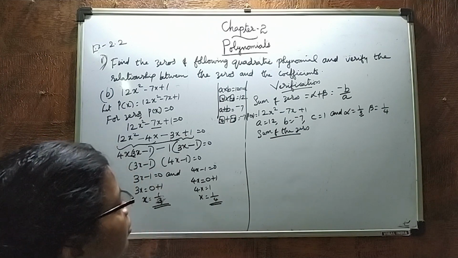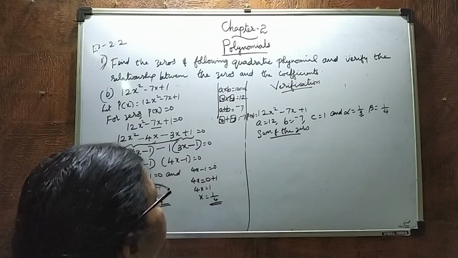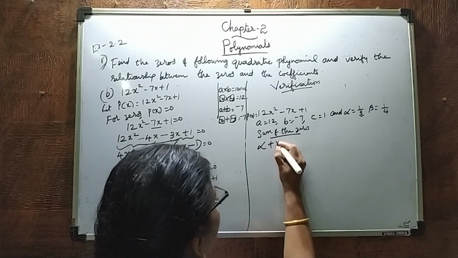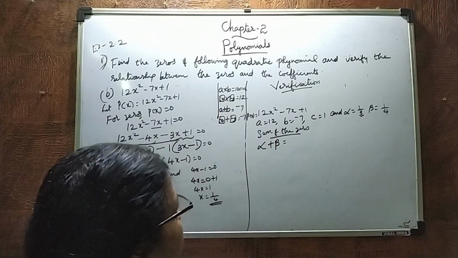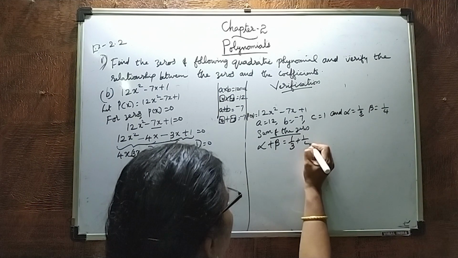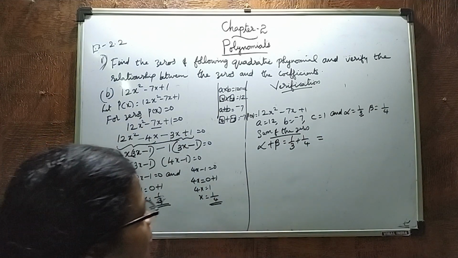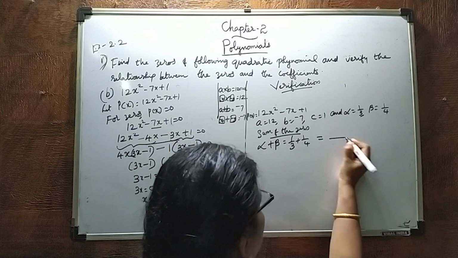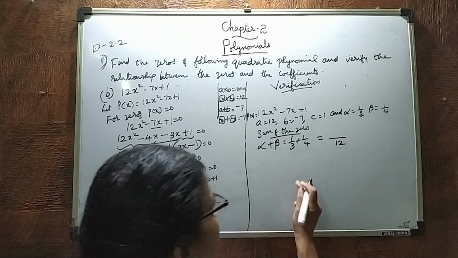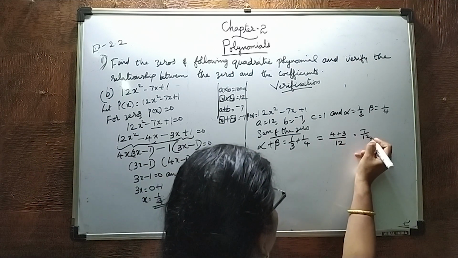So here I will write it right here. Alpha plus beta equals 1 by 3 plus 1 by 4. We will find out here, 12 is the LCM, and then 4 plus 3 you will get the answer 7 by 12.